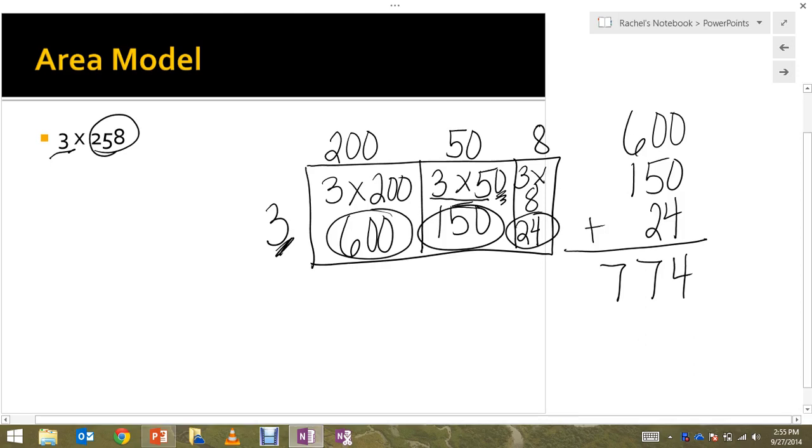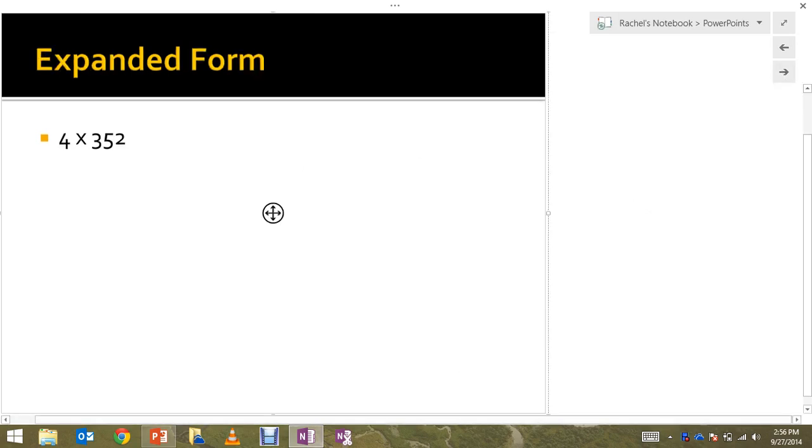And students noticed that they could do 3 smaller problems, and these problems all utilized mental math strategies using patterns with zeros. Within the expanded form model, this is really the same strategy, but without the use of a rectangle.